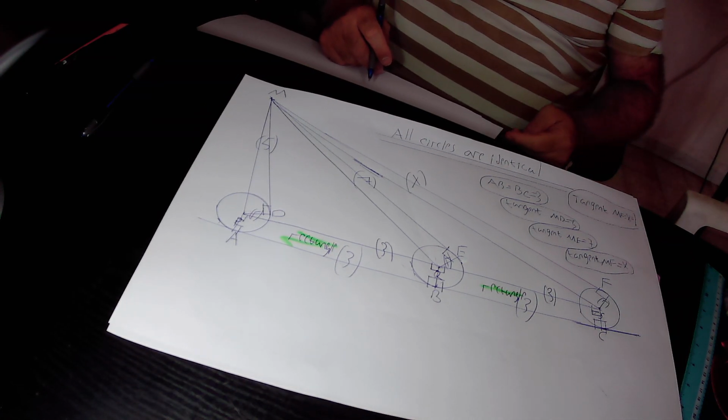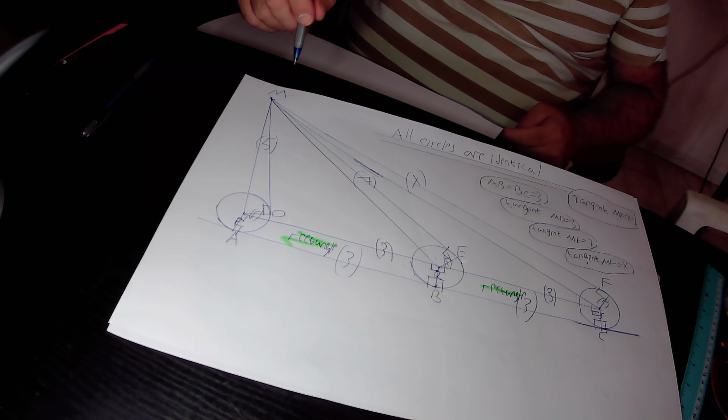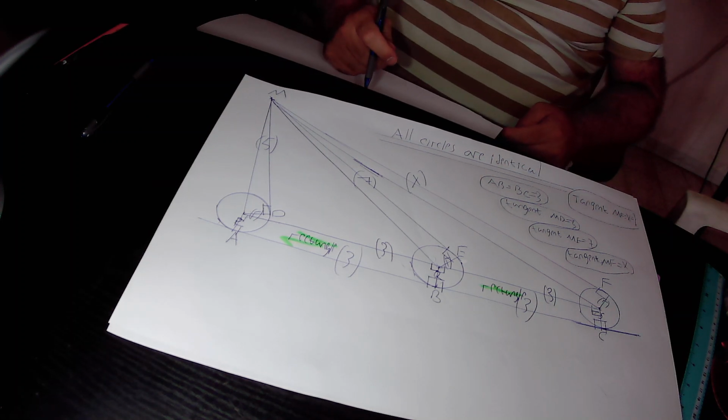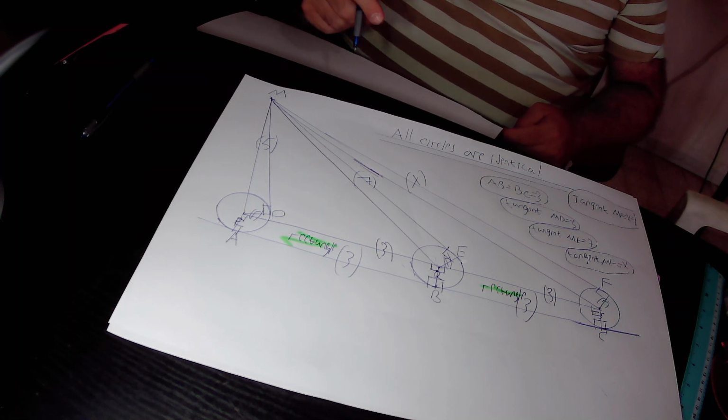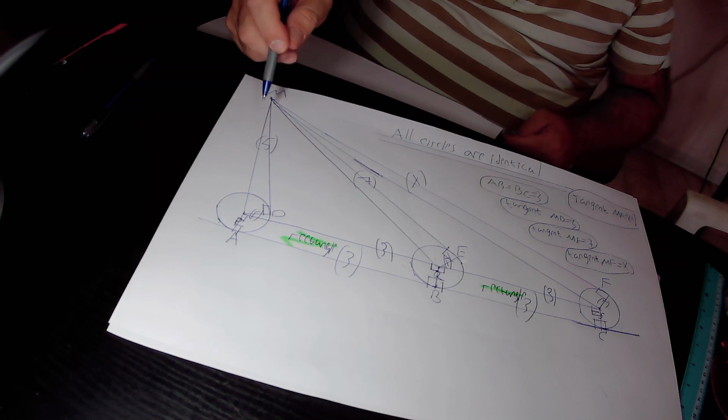In the next step, we focus on the big triangle MPS. So I'll copy the big triangle MPS in a new page, and we'll analyze this big triangle MPS.